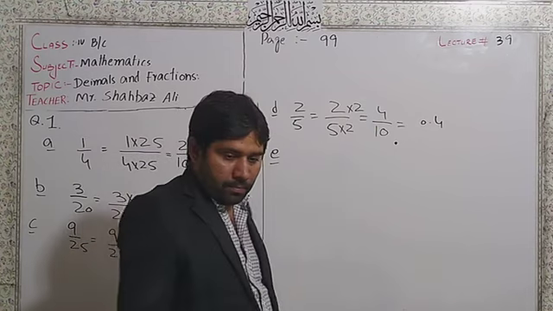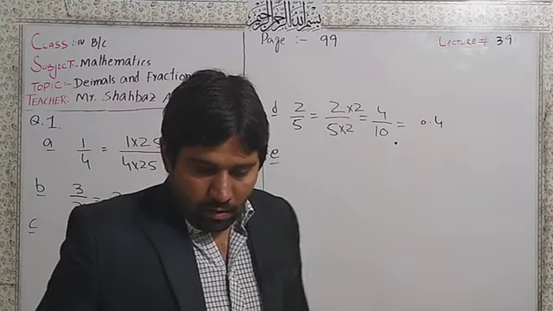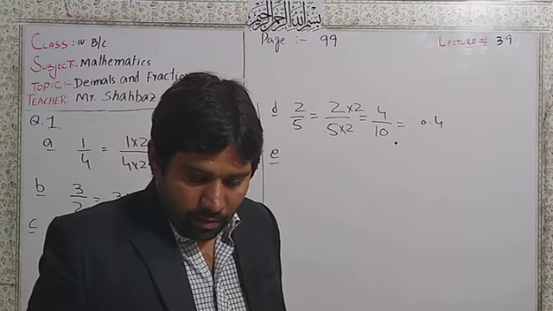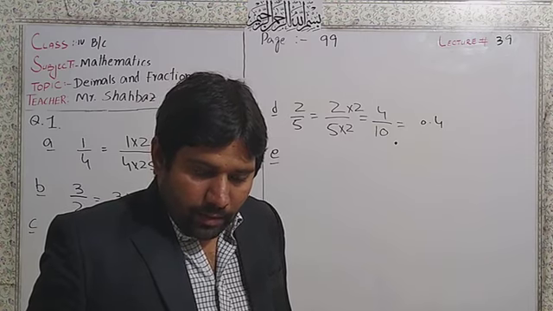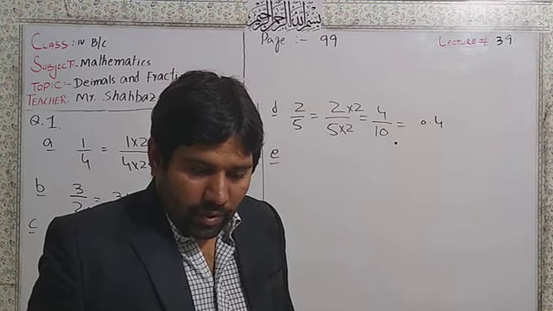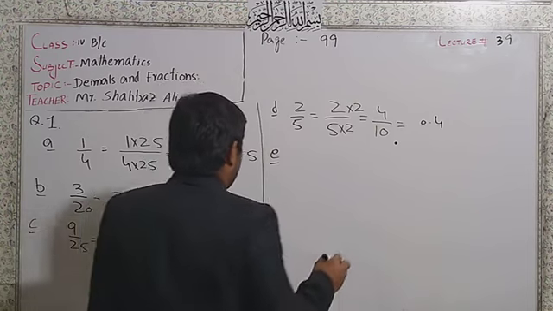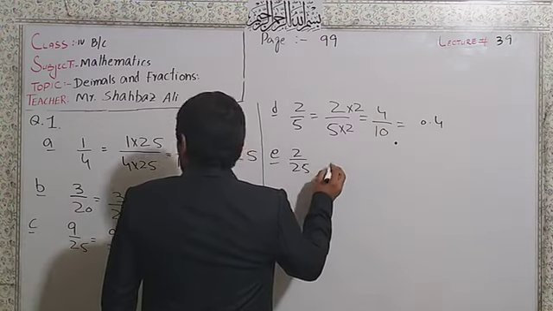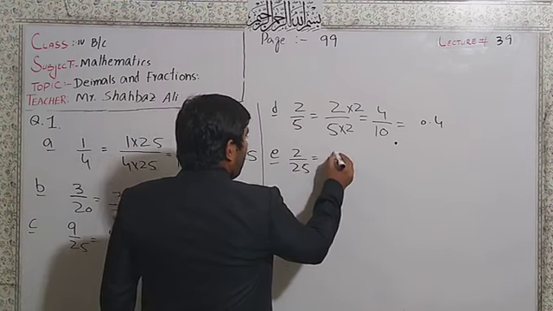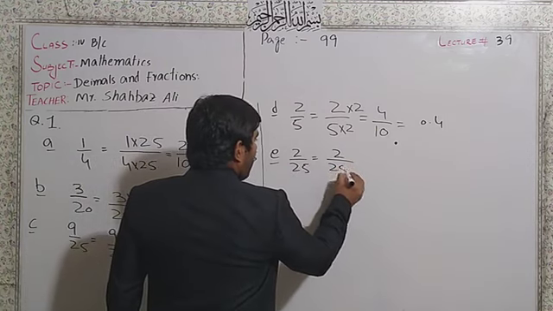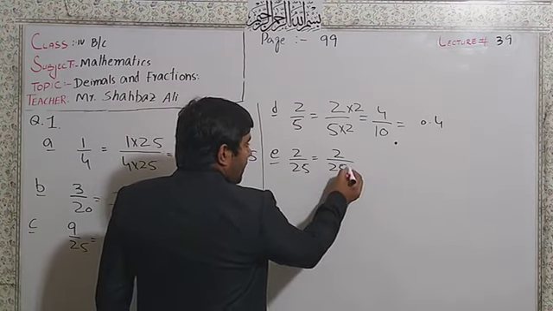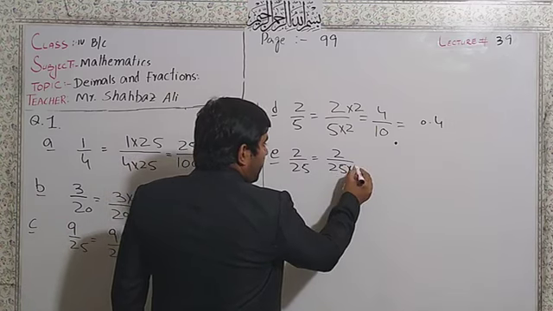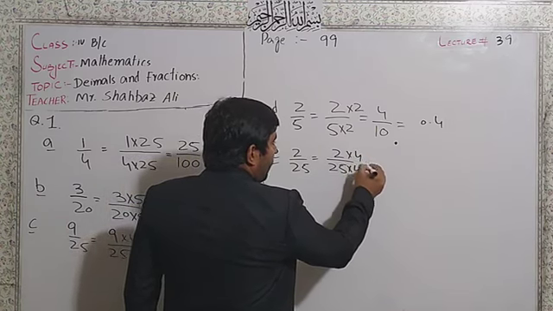And then E, 2 over 25. It will be the same. We cannot change into 10. We will change into 100. How? 25 fours are 100, also multiply by 4 here.